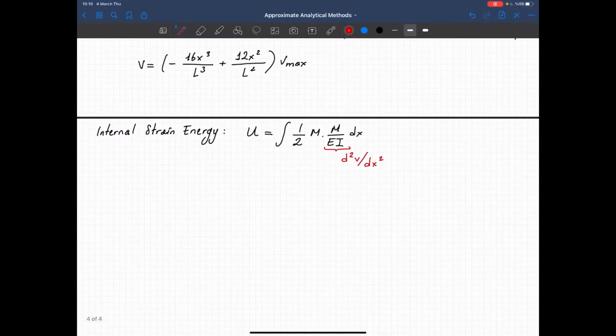Okay, so the second derivative of this trial function, let's calculate that, d square v dx squared is equal to minus 24 divided by L squared, 1 minus 4x over L, multiplied by the Vmax. Put it into the strain energy equation.